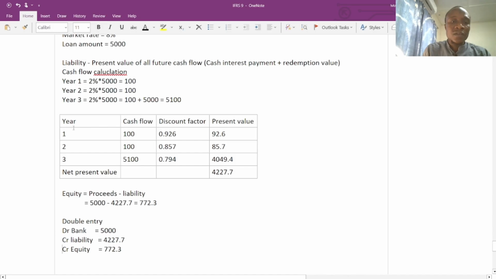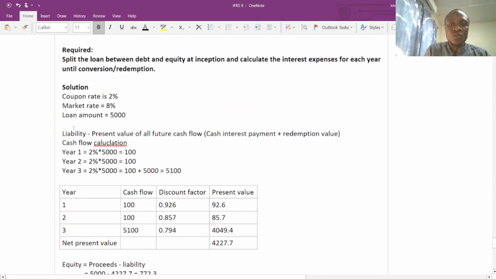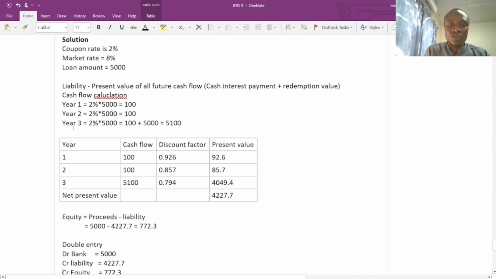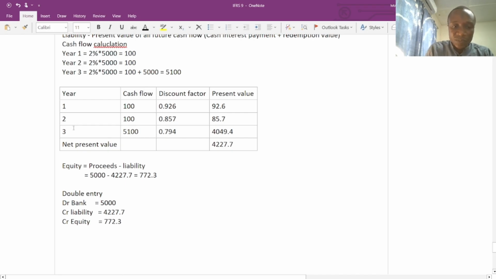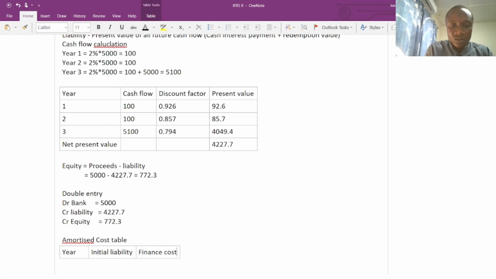So now for year one, the question stated that we need to determine the interest expense. Nothing to worry about. So the interest expense, I'm going to prepare the amortized cost table so you can see it clear. Here, initial liability, the finance cost, which is asked in the question, finance cost with percentage.